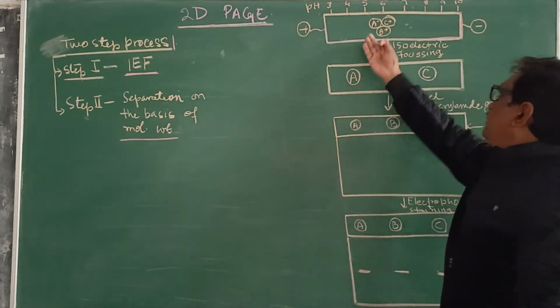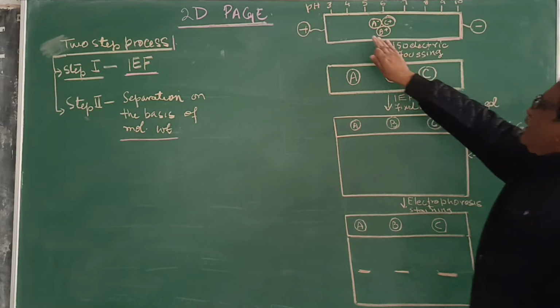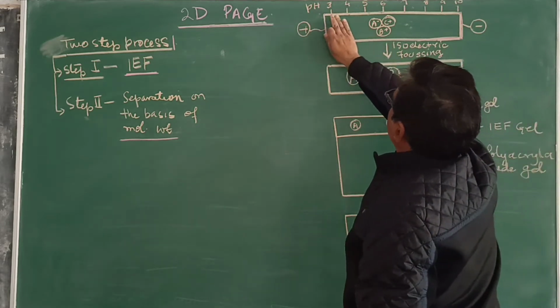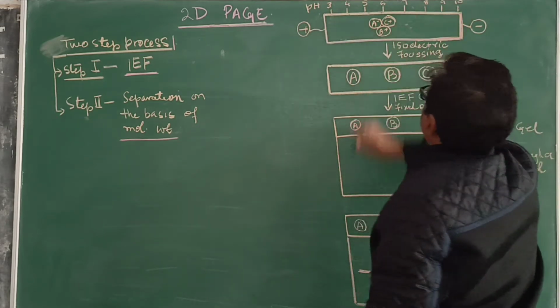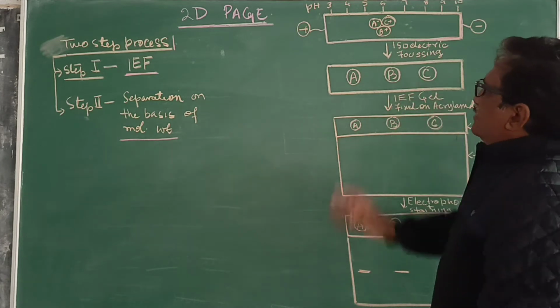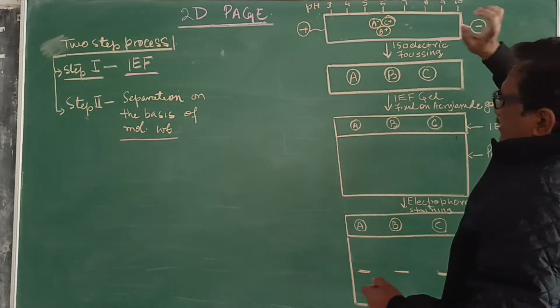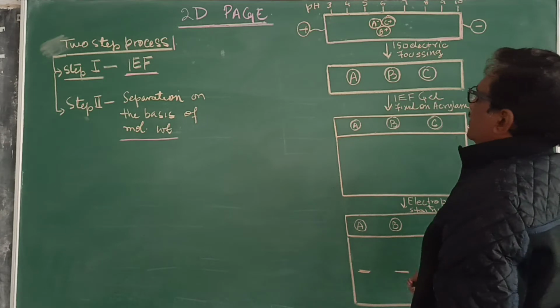It contains ampholytes, making a pH gradient varying from 3 to 10. Here in the first step, remember, is the isoelectric focusing.